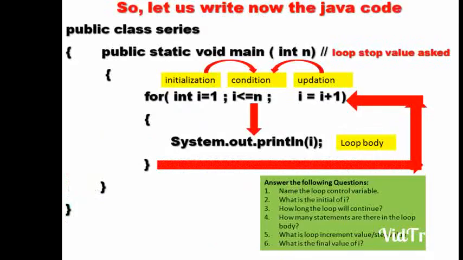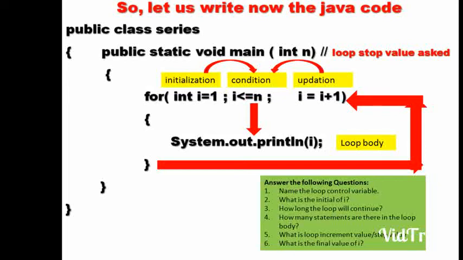So let us write now the Java code. Public class series, the class opens, you have the main method, and you are asking the value of n. Why? Because you want to know from the user when the loop should stop.